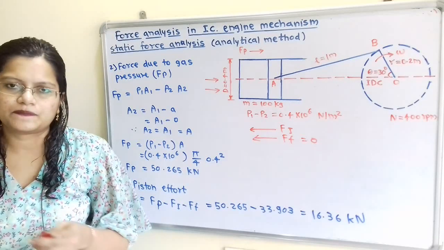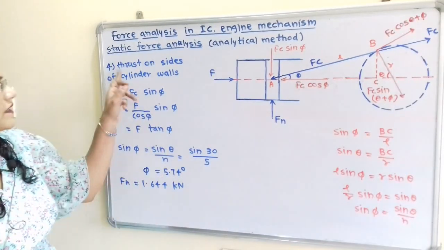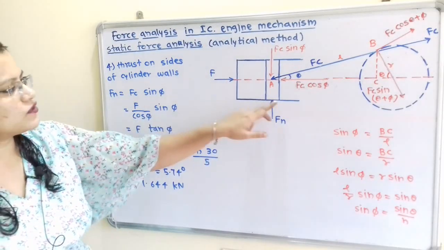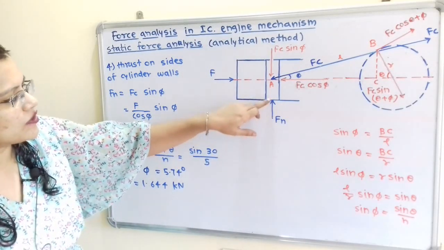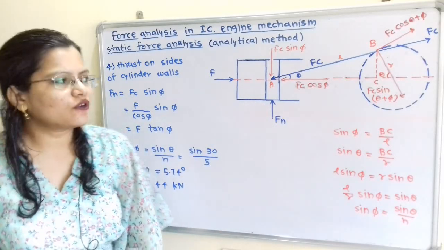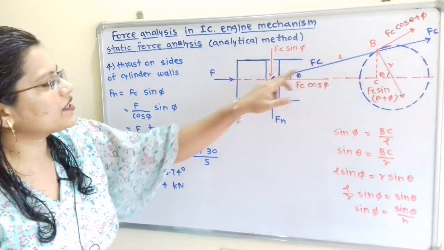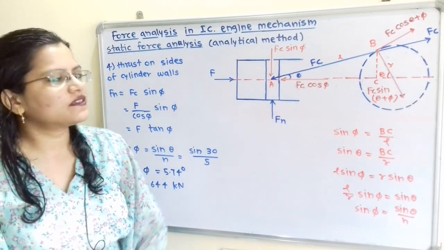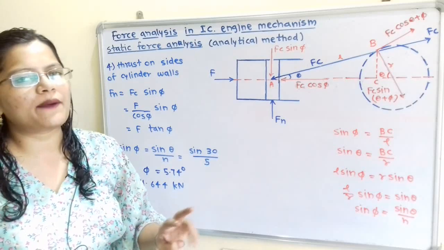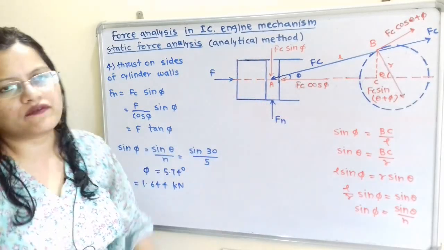16.36 kilonewton. Next question, thrust on sides of cylinder walls. That is the normal reaction Fn that we have to calculate. We know that the force along the connecting rod is Fc. Now we will resolve this force Fc towards the gudgeon pin into two components, horizontal and vertical.